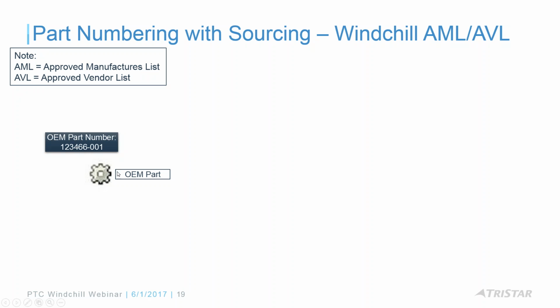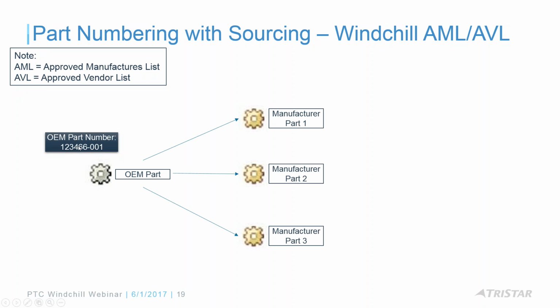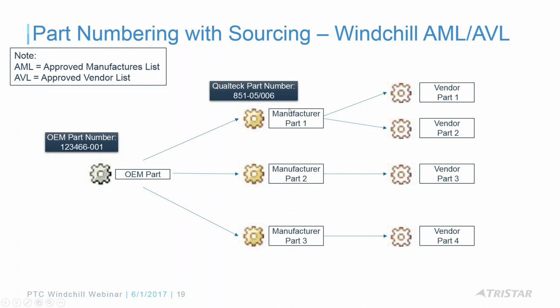In Windchill, that OEM part, that internal Windchill part number, can also represent different manufacturer parts. They may have their own part numbers. Through the Windchill supplier module, I can manage the approved manufacturer, approved vendor lists that are linked to my own internal part number.